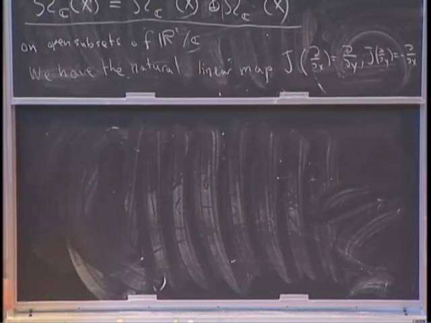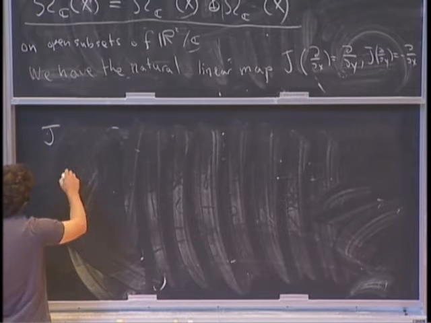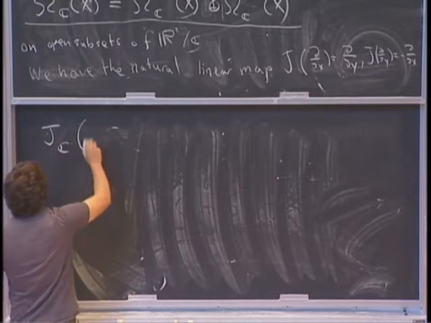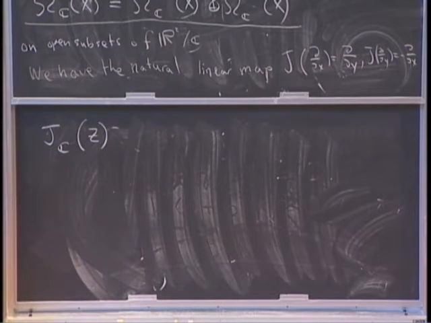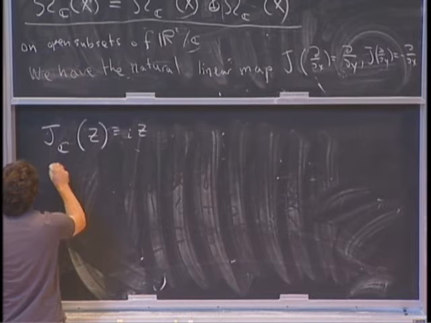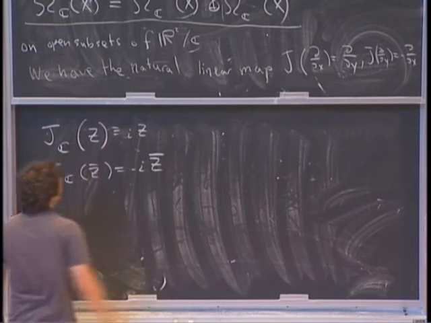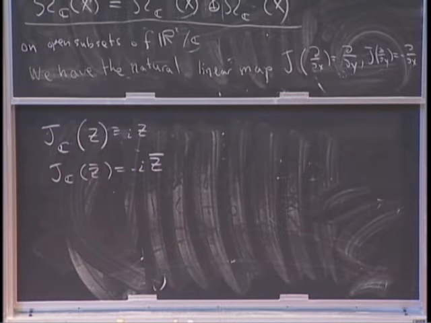one observation is that if you complexify this, J_C of Z, if you work everything out, is exactly i times Z, and J_C of Z bar is exactly minus i Z bar. So in a sense, if you complexify J, then Z and Z bar become the plus i eigenspace and the minus i eigenspace.